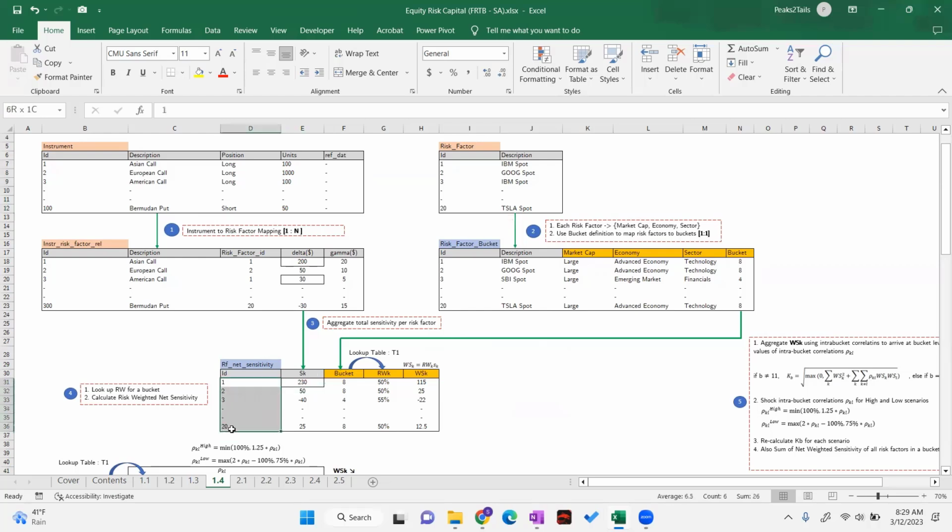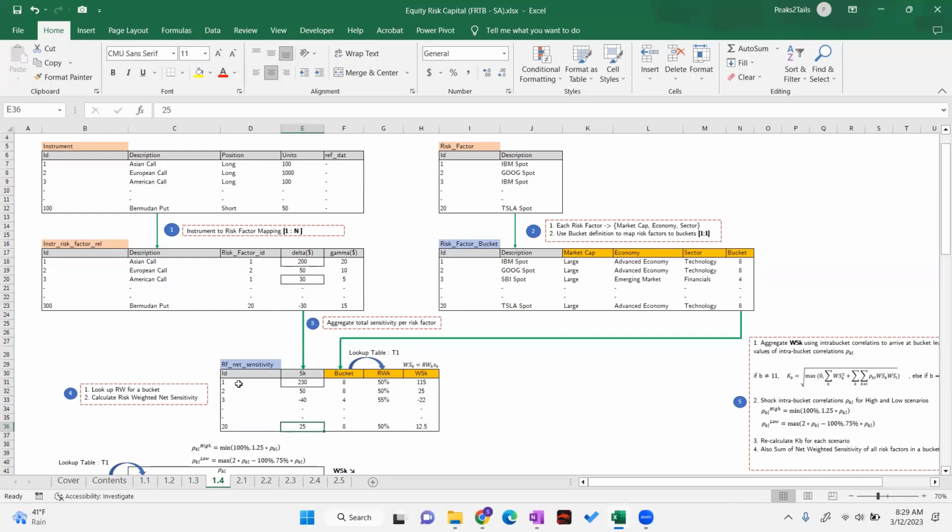Against each risk factor, we'll have a net sensitivity SK. For example, for the risk factor 1, we had 230, that became 230. Simple addition. Plus minus can offset each other. So against 20 risk factors, we have 20 net sensitivities.